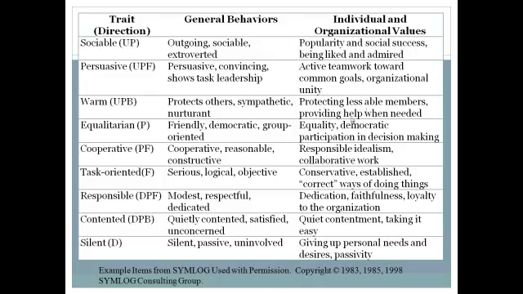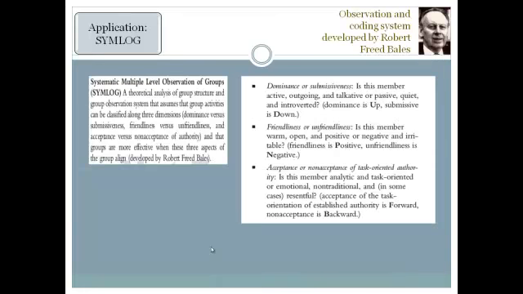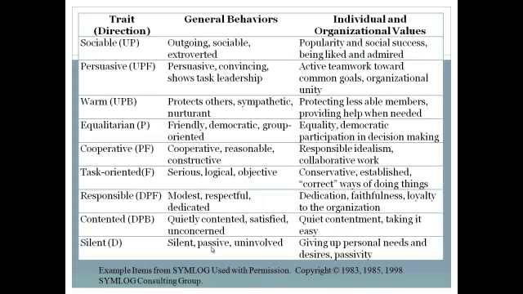So, for example, starting over here, D: silent, passive, so they don't really say anything. They're uninvolved, and they are completely submissive. That's down, and they are neither friendly nor unfriendly, neither forward nor backward. They just don't say anything.